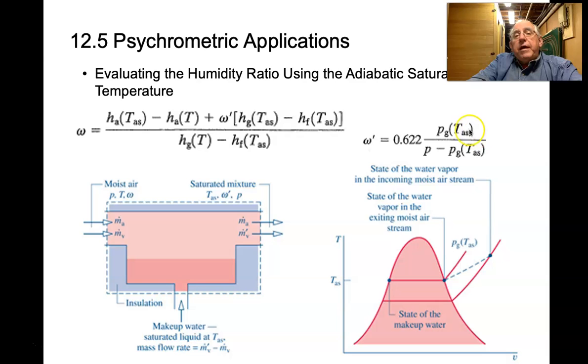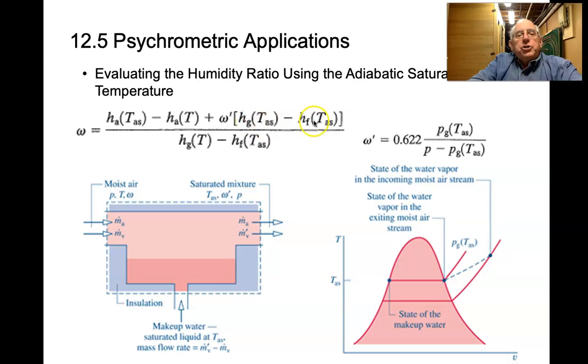And that is our vapor pressure at the saturated condition. And so once we measure this T_AS, we can calculate the omega prime associated with this, and then we can apply the first law of thermodynamics to determine what the incoming humidity ratio was.